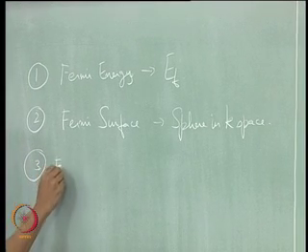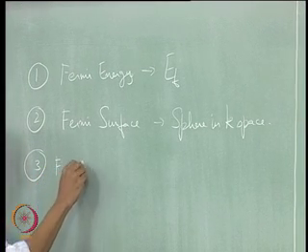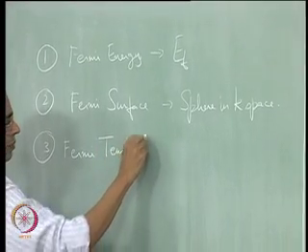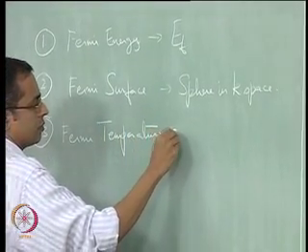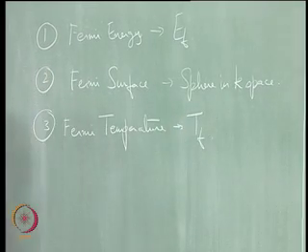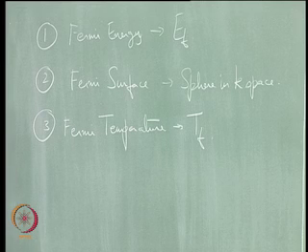The third is Fermi temperature, which is T subscript F. So, we have these three things: Fermi energy, Fermi surface, Fermi temperature.